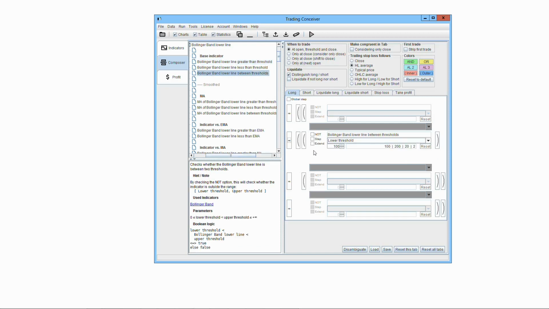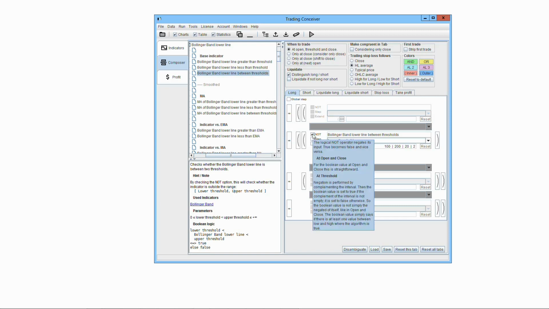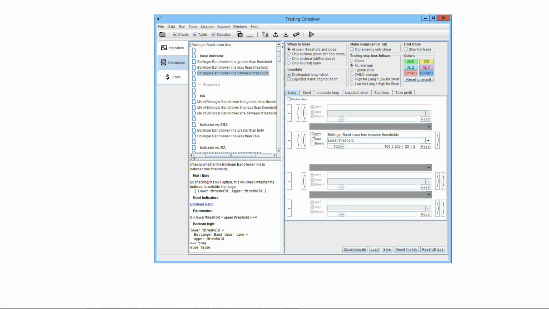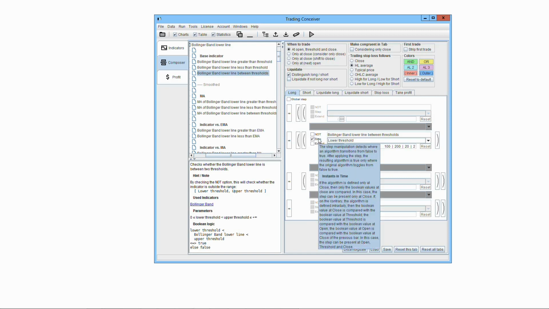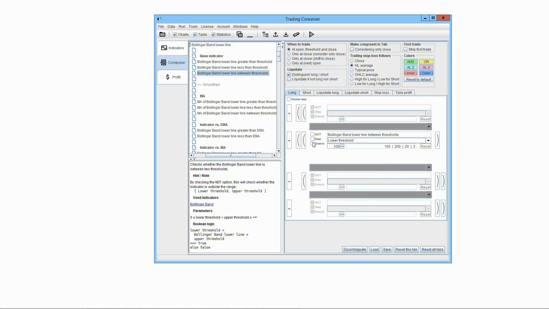Checkboxes associated to each slot change the behavior of the algorithm. Trading algorithms have the following checkboxes. Not. This inverts the Boolean logic, transforming true in false and vice versa. Step. This changes the Boolean logic to be true only when it switches from false to true. Extend.